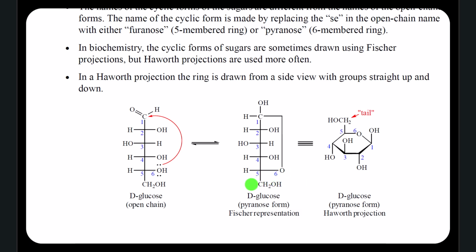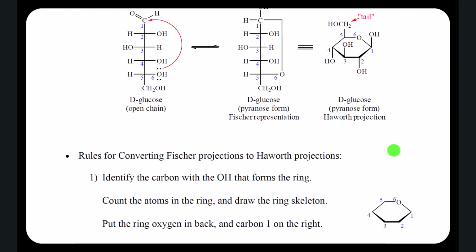This creates a small carbon chain sticking off of the ring. I'm going to call this the tail because I need some way to designate this small carbon group when we talk about stereochemistry in these ring forms. I'm now going to cover how we can convert from a Fischer projection to a Haworth projection.